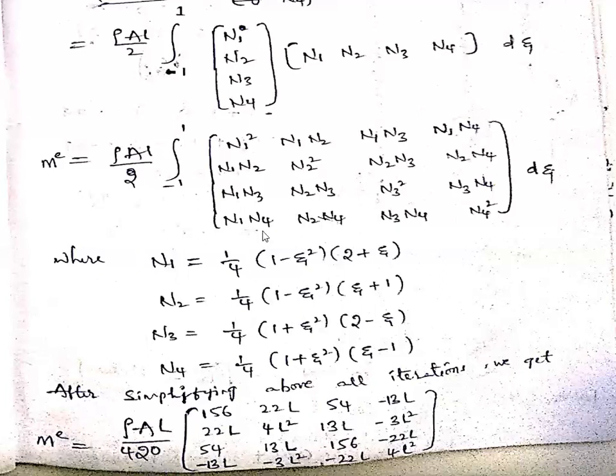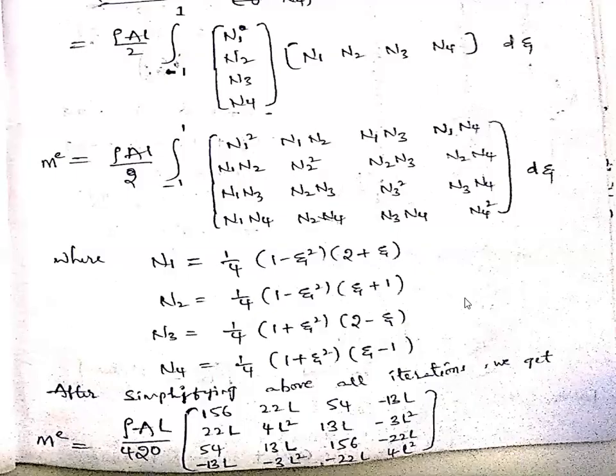If you do the integration of these with respect to d zeta with limits minus 1 to 1, then you will obtain the values. So N1 square means you should square this expression, do the integration, and put down the limits minus 1 to 1.